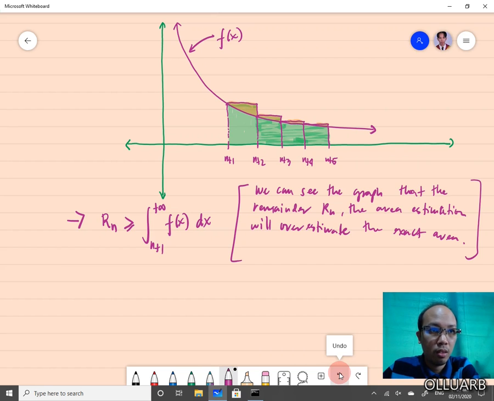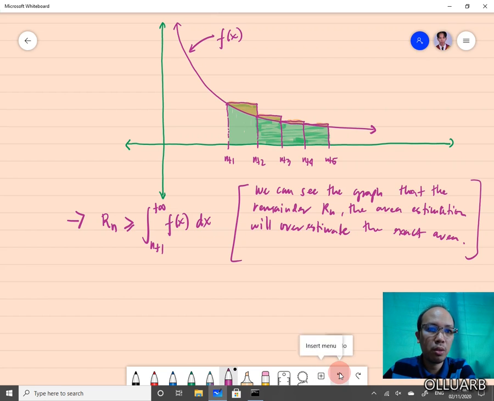So the width of this area is 1, but this time the height is the right endpoint.